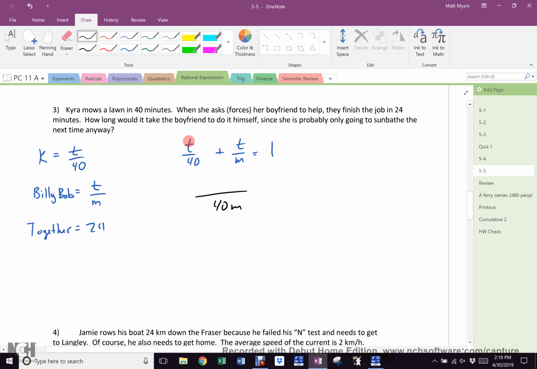What does this need? What does this need? You're all missing something kind of important. How does the 24 fit in?